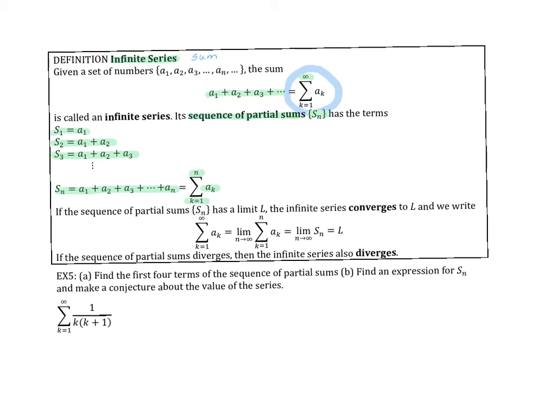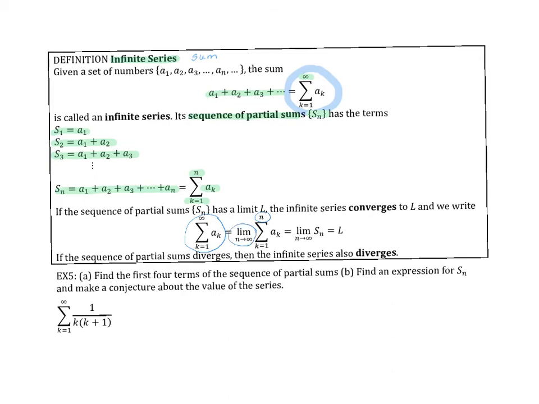And our sequence of partial sums is going to help us to determine when an infinite series converges or diverges. So the strategy is similar to what we did with our improper integrals from 8.9. You can think of this summation as like an integral symbol. It's improper because of the infinity. So what we're going to do is look at the sum, and we're going to substitute n for the infinity and look at the limit as n goes to infinity.